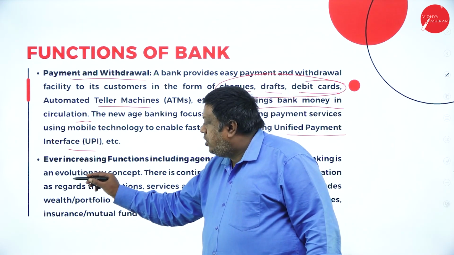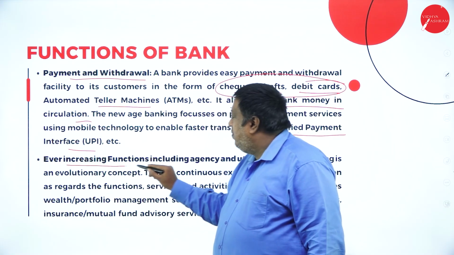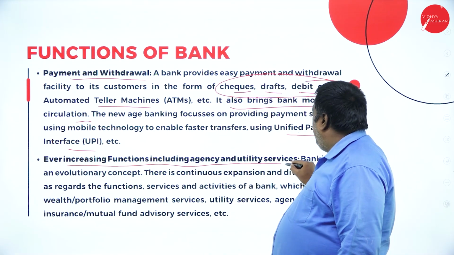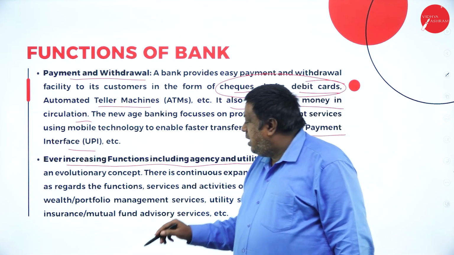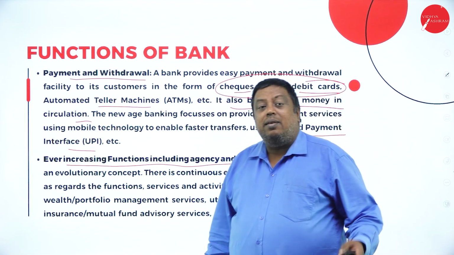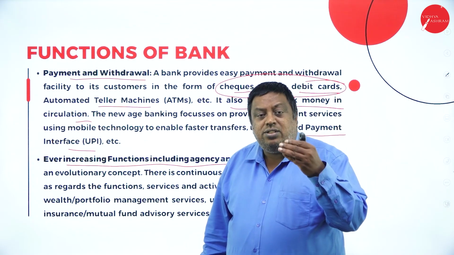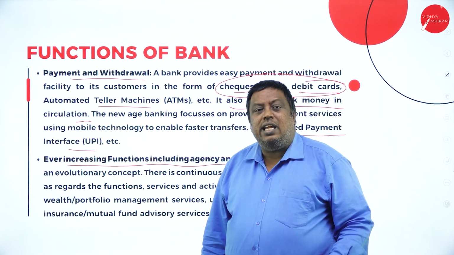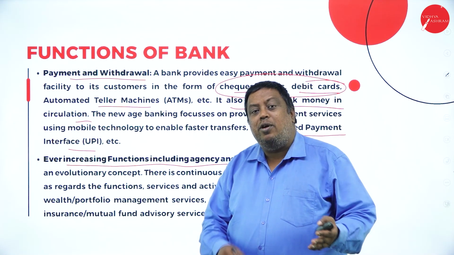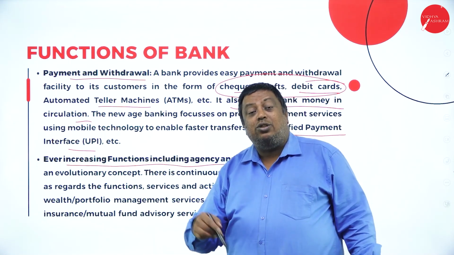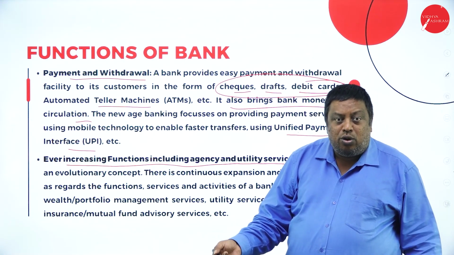The next function was ever-increasing functions, including agency and utility services. It means that banks support the public by investing their amount in the insurance sector or mutual funds with the guidance of the deposit holder.